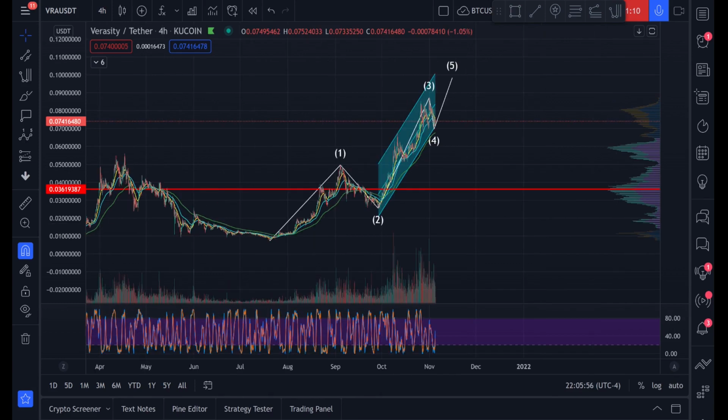All right, so I'm using Elliott Wave theory to do this Elliott Wave analysis. And for those of you who do not know, Elliott Wave theory is something that they use on Wall Street all the time. It's one of the best tools in charting. It basically gives you context. It allows you to extrapolate trends, all right?